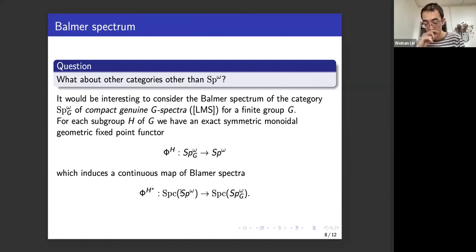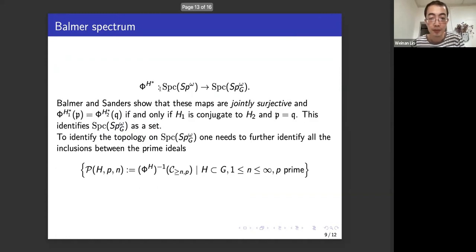So you may ask, what if we consider all these maps for all subgroups of G? Balmer and Sanders show that all these maps are jointly surjective.